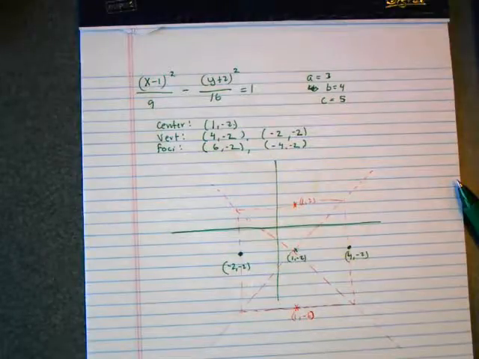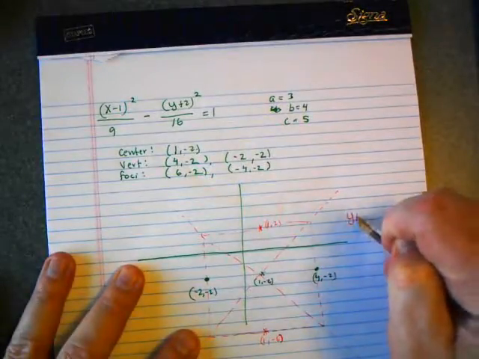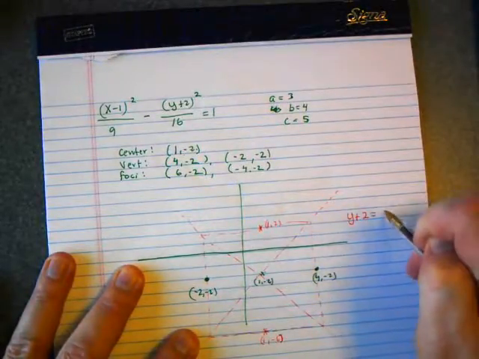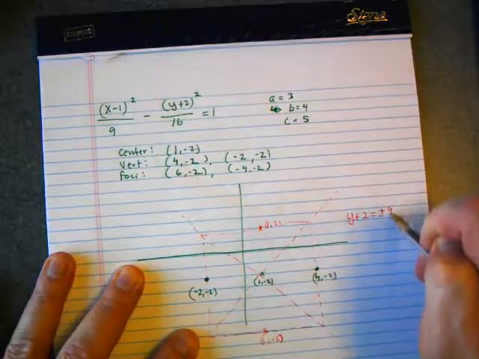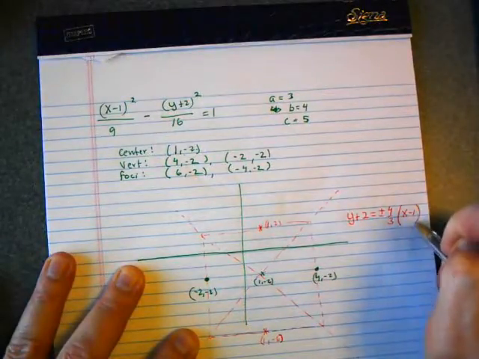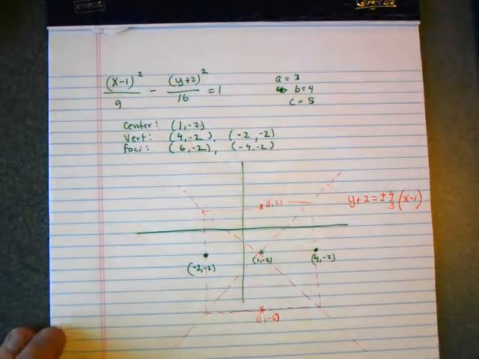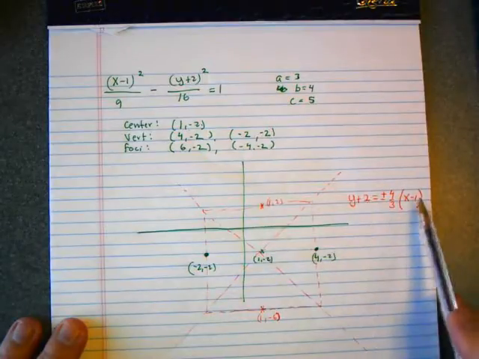All right, so here's the easy way to do it. It's y plus 2 equals plus or minus 4/3 times x minus 1. Where did the plus 2 come from and where did the minus 1 come from?